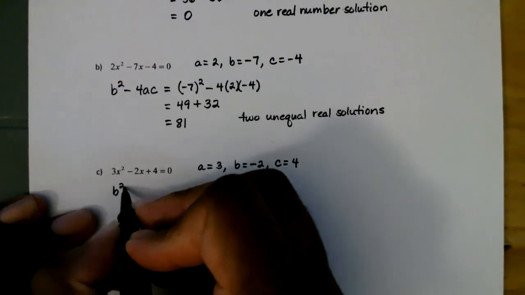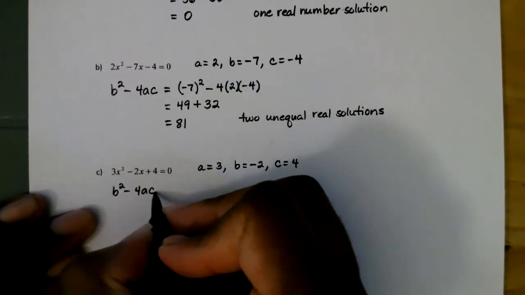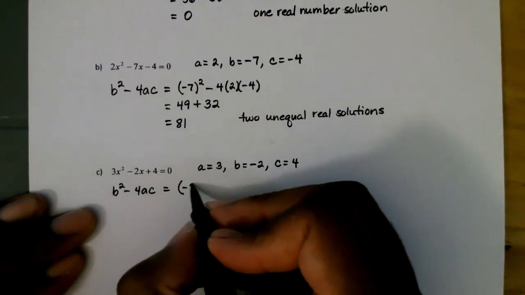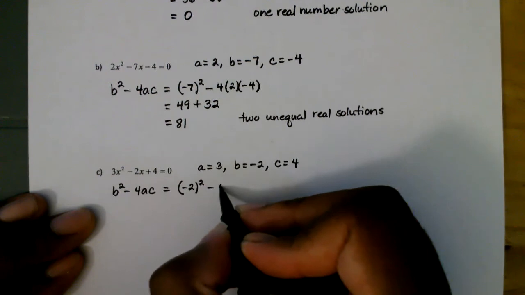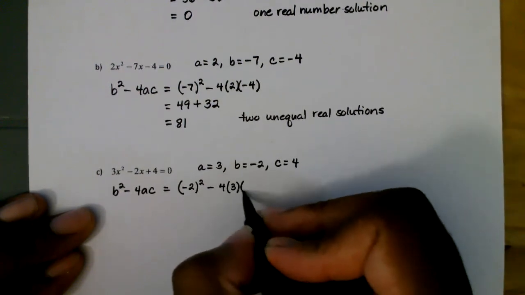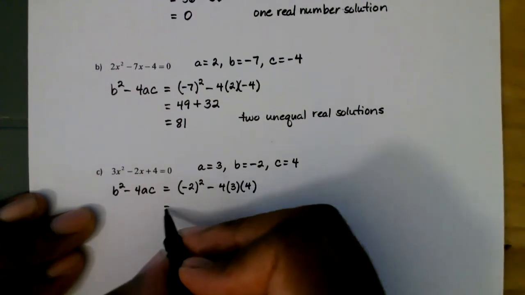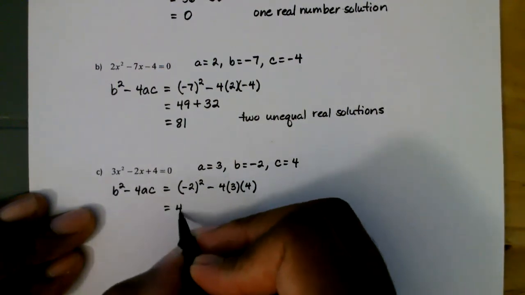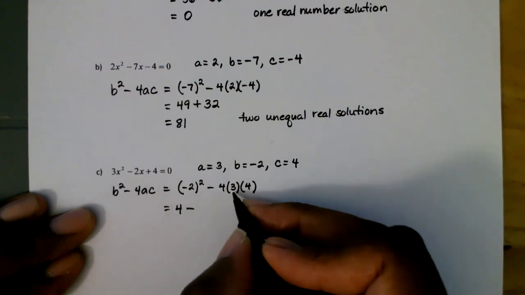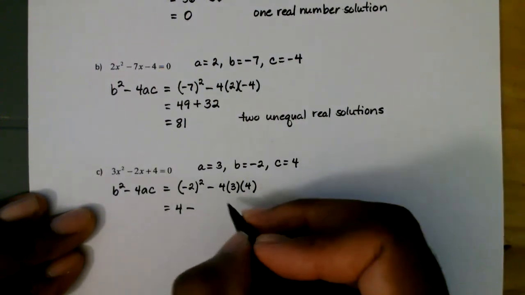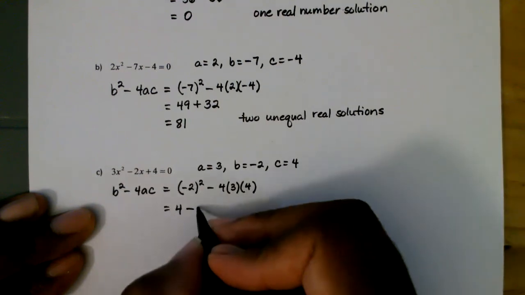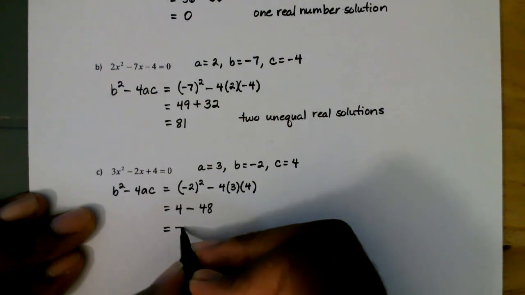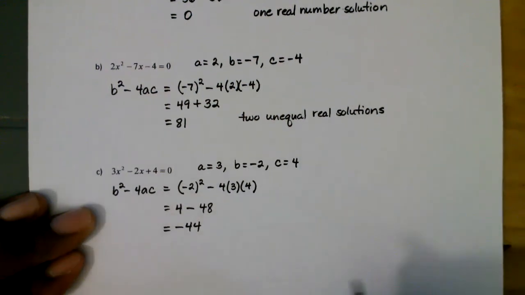So here b squared minus 4ac is this. Your b is -2, and that's squared, minus 4 times a, which is 3, times c, which is 4. -2 squared is -2 times -2, that's 4. Minus 4 times 3 is 12, 12 times 4 is 48. 4 minus 48 will be -44.